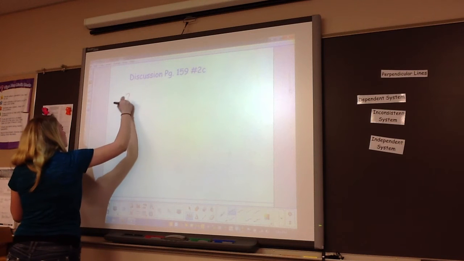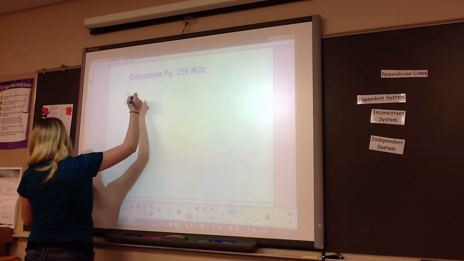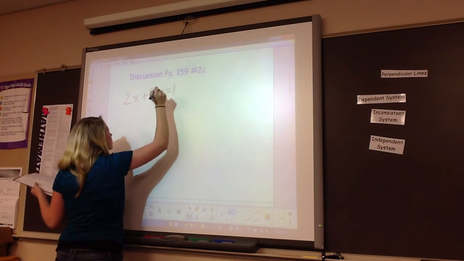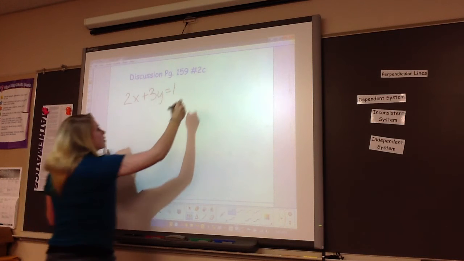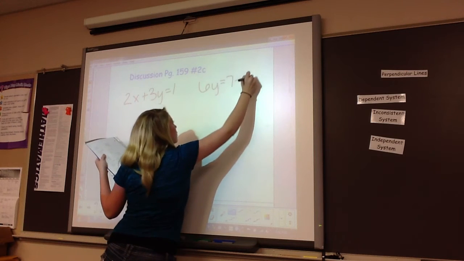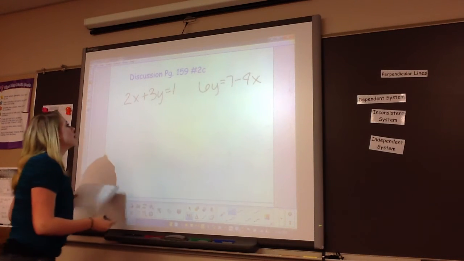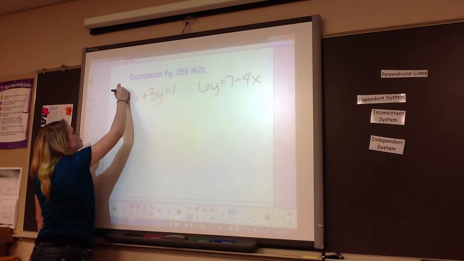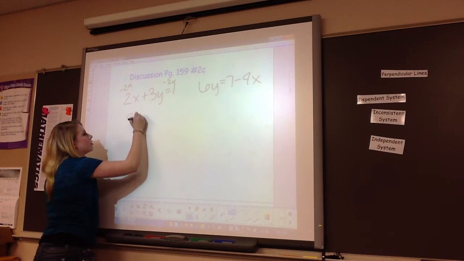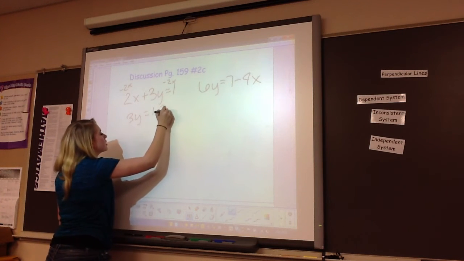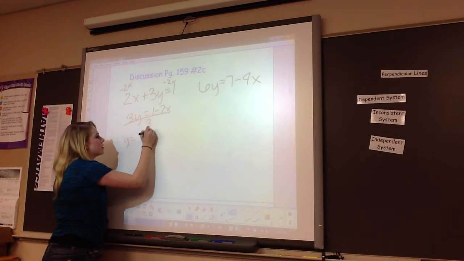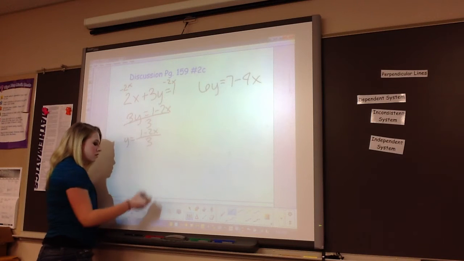First thing is, we want to get y by itself, so we subtract 2x from both sides of this equation and get 3y equals 1 minus 2x, and then divide by 3, so y equals 1 minus 2x over 3.